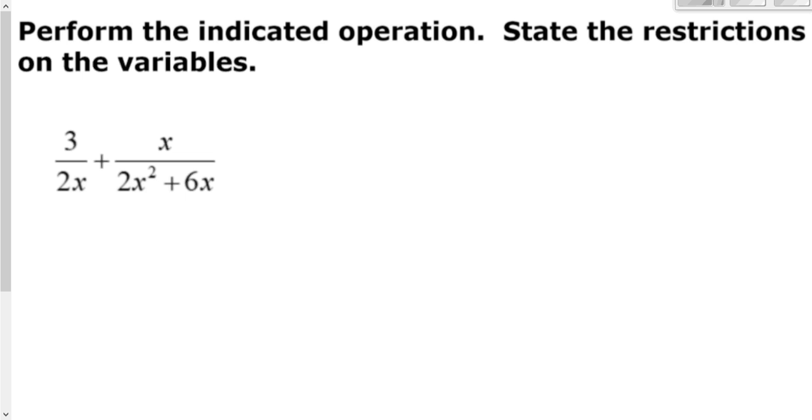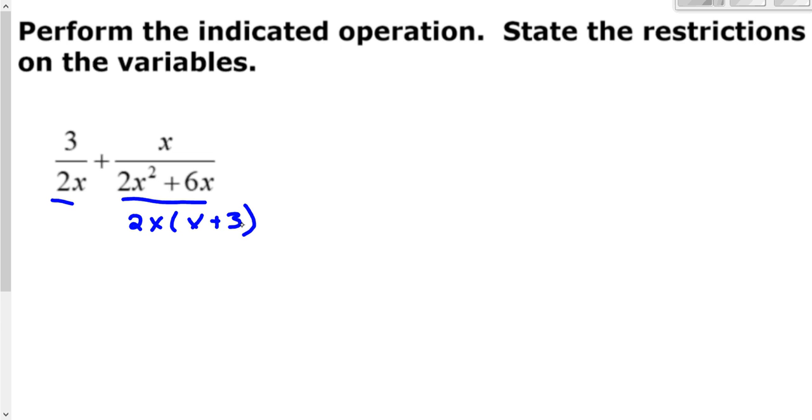All right, perform the indicated operations, state the restrictions on the variables. So I take a look at my denominators in this one, they're not the same. So I'm going to go through those steps. 1, factor. So 2x can't factor. 2x plus 6, we can factor out a 2, and then we get x plus 3.